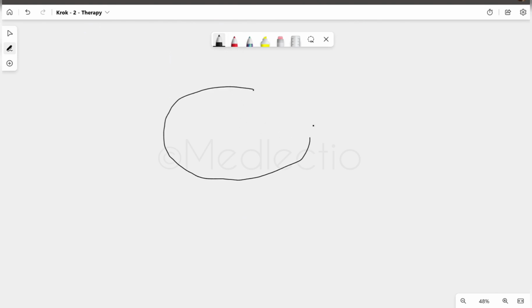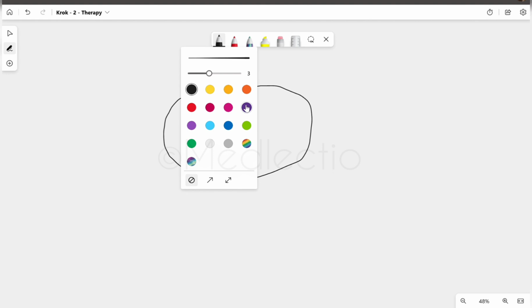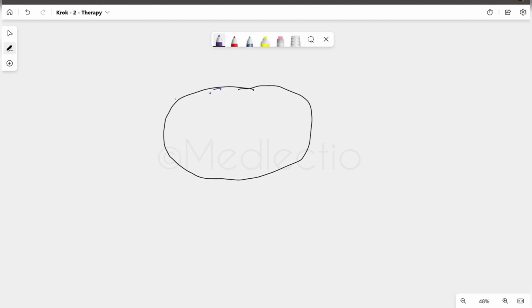When you dissect the wrist area, you will get something like this structure.